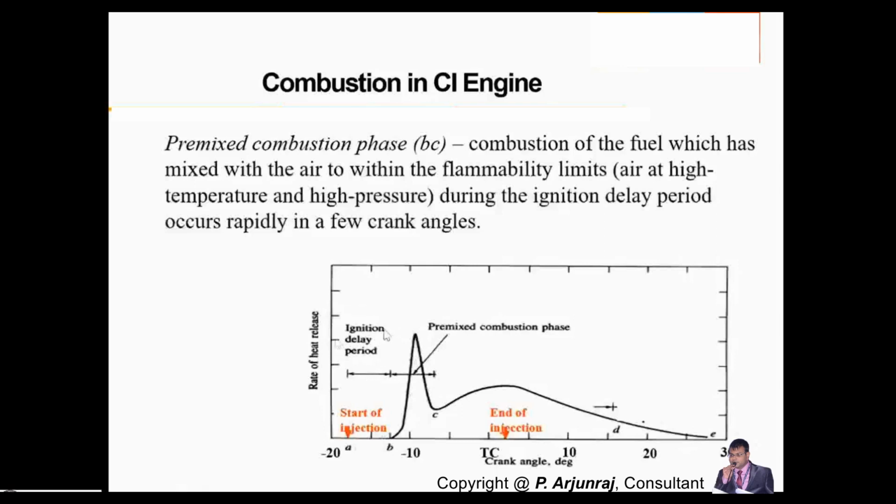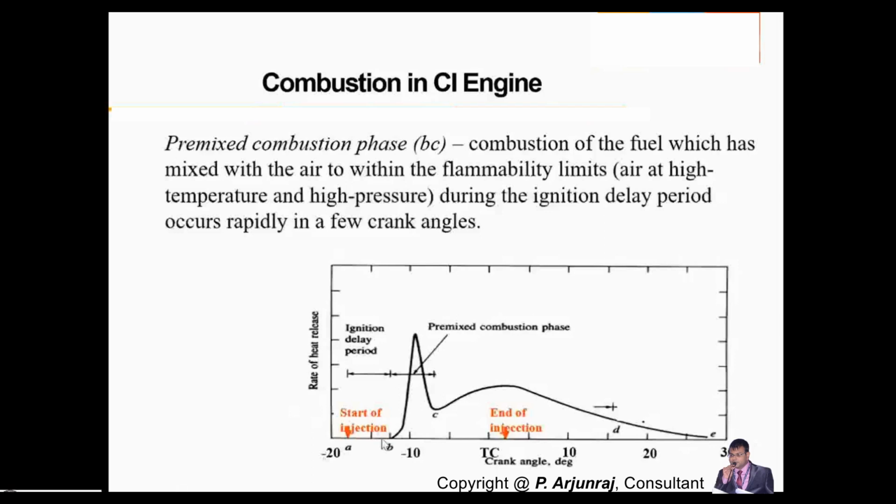Even if you reduce the ignition delay period, we have the advantage of reducing the knocking or the detonation, right? And the ignition delay period is going to be slightly higher in the case of a gasoline engine. But irrespective of that, it is very difficult, because you need some time for the pressure to rise or shoot up.